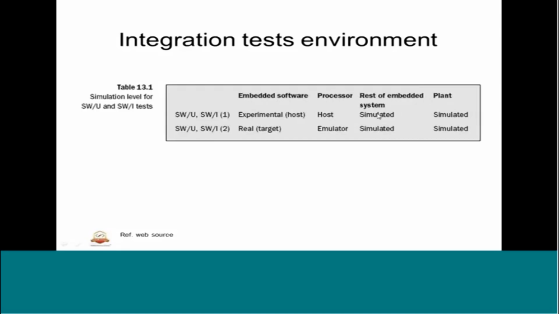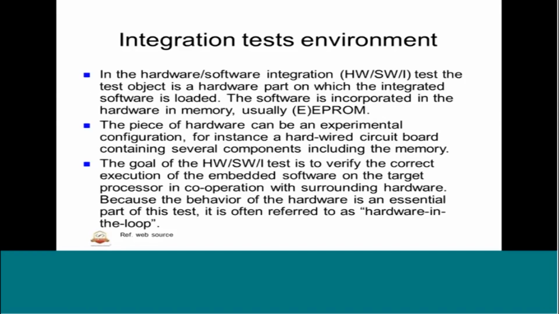So the rest of the embedded system is simulated apart from the experimental host. The second type is testing the unit or the integration on the target, the actual target environment. Here we use the emulator and the rest can be simulated. So this is how the test environment can be brought up.